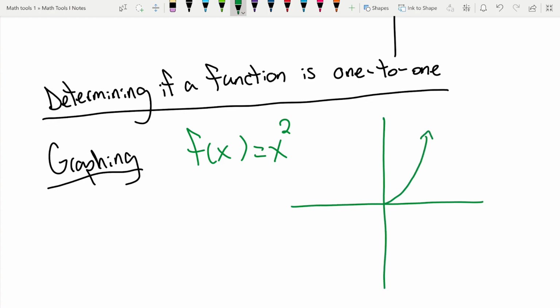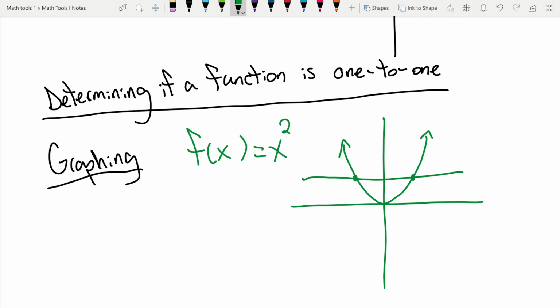We don't need to draw it exactly. We're just trying to see if it would pass the horizontal line test or not. And we can clearly see that this will not. Any horizontal line drawn anywhere on the graph except at 0 would cross two different points.